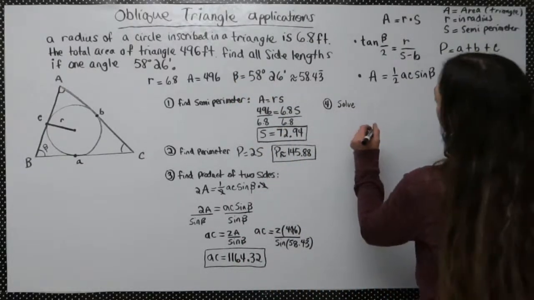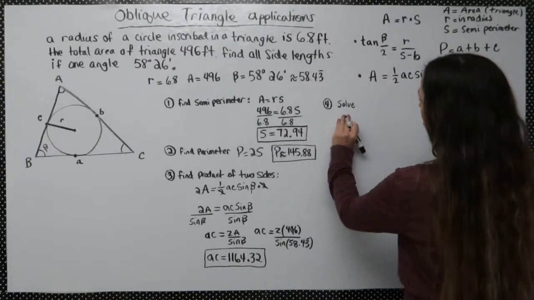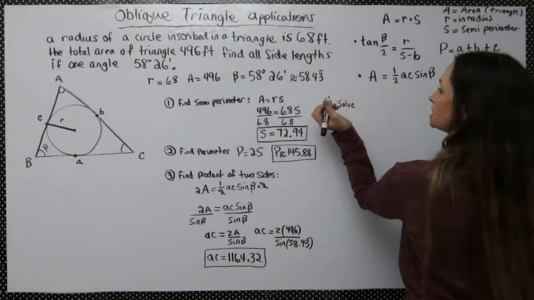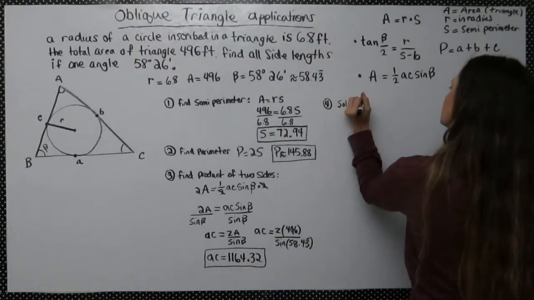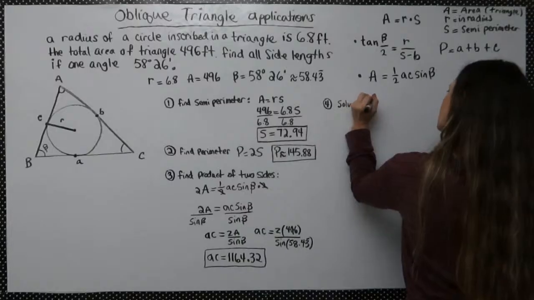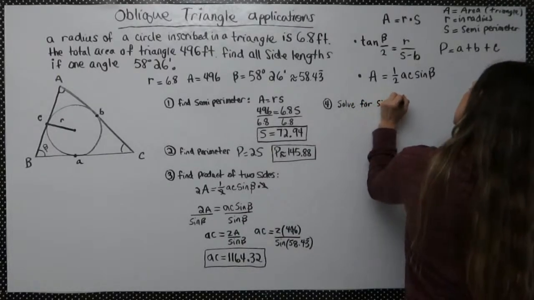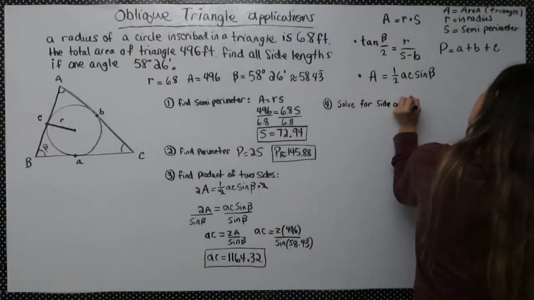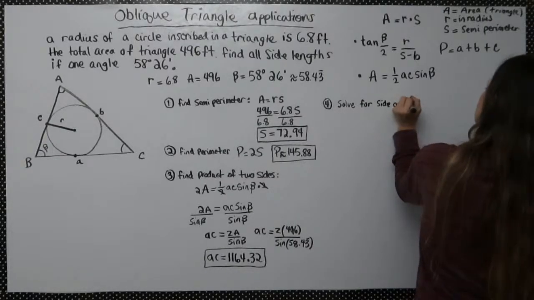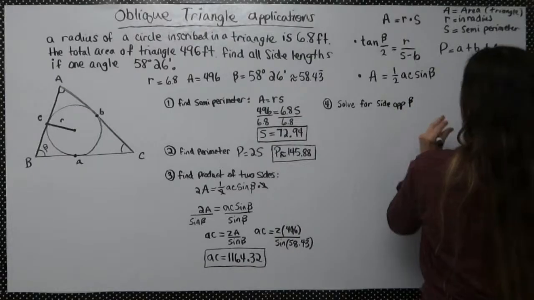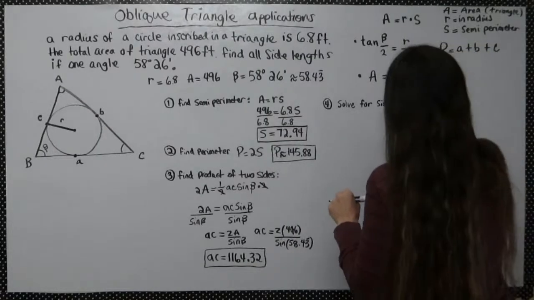Anyway, so we're going to solve for the missing side. Solve for the side opposite angle beta. I will not be lazy, I'd better write it out.